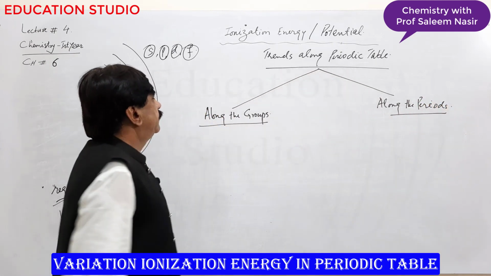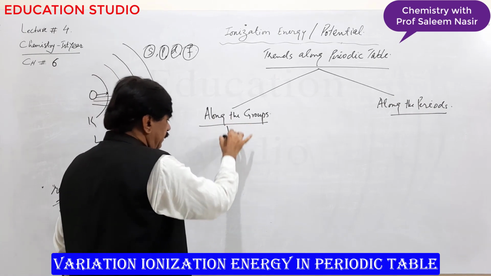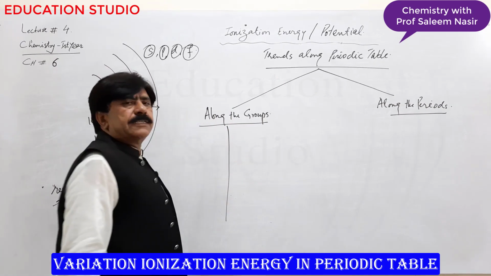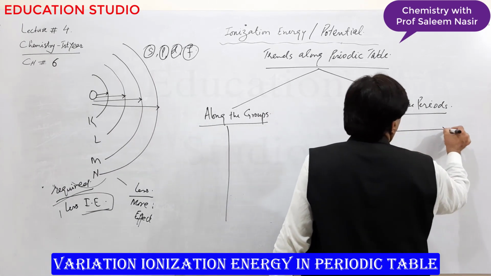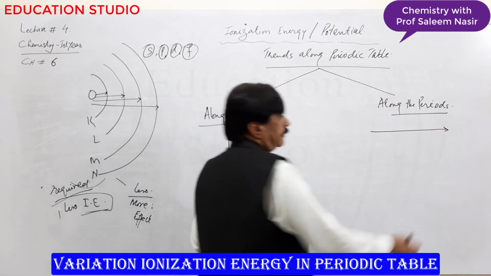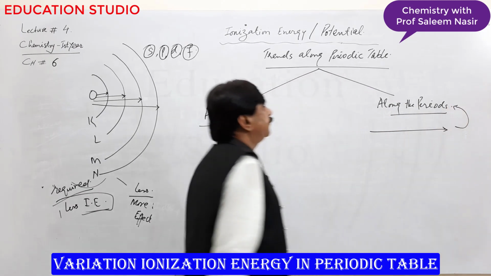As you know, the vertical columns are called groups and the horizontal rows are called periods in the periodic table.